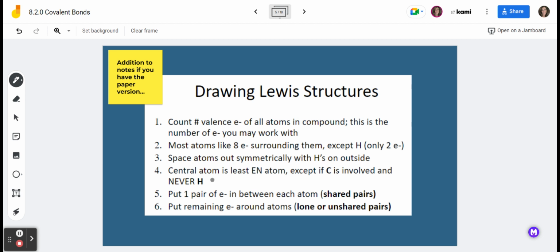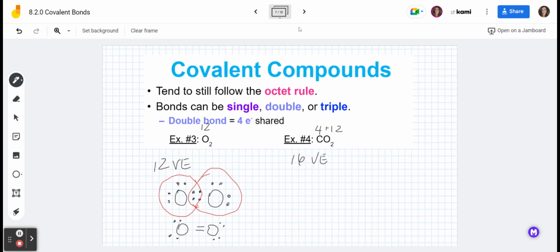When you do the central atom, in this case, we do have a central atom because we have more than 2 atoms. It's always the least electronegative atom, so you can use your electronegativity table to figure it out, except if C is involved. Carbon, like things like to bond to carbon, and again, consider symmetry. Carbon is in the middle or central, and then you can put the oxygens surrounding it.